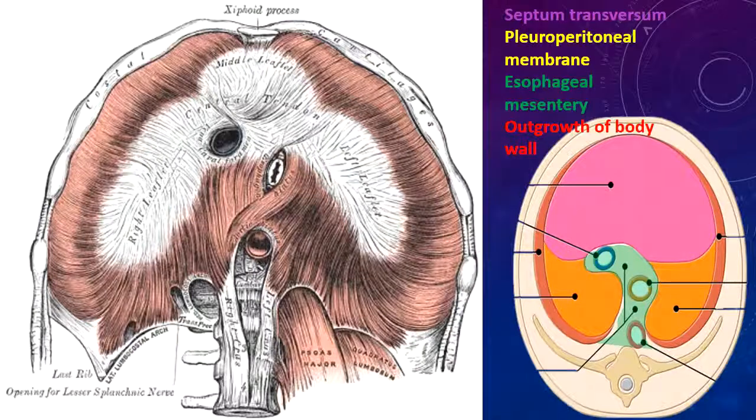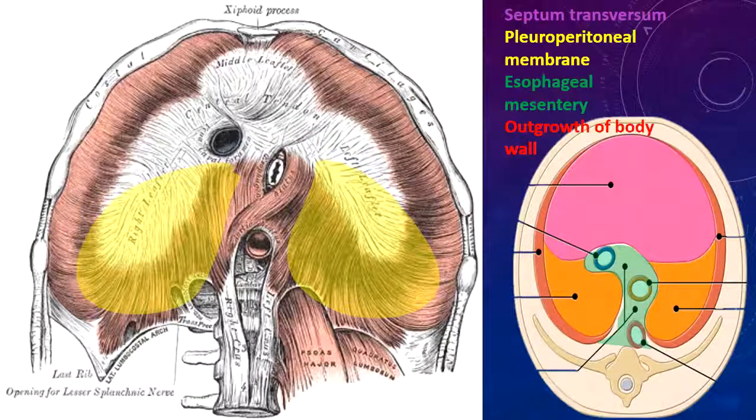Now, coming to the developmental part, how the different parts of the diaphragm are developed. The anterior part of the diaphragm, the central tendon, is developed from the septum transversum. Then the posterior parts of the diaphragm are developed from the pleuroperitoneal membrane on both sides.